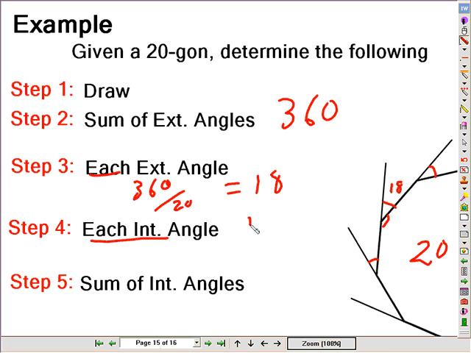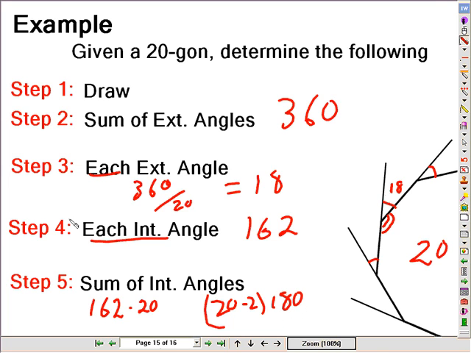So 18 and 162 give us that linear pair of 180. So if each interior angle is 162, we can either take the 162 and multiply it back by the 20, or we can do 20 minus 2, 18 times 180. And again, you can grab a calculator and find that out on your own.